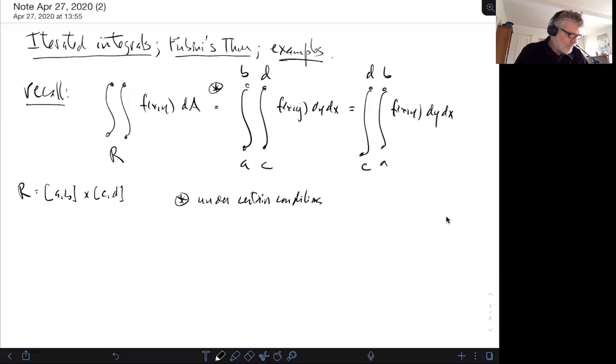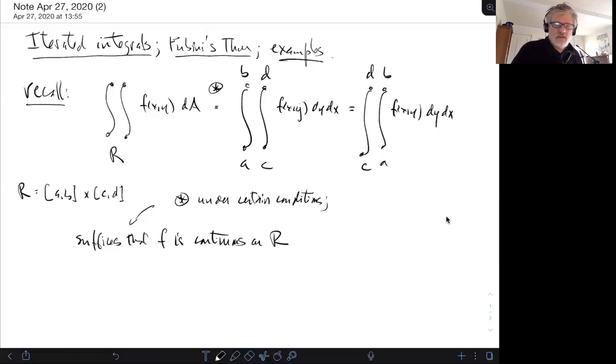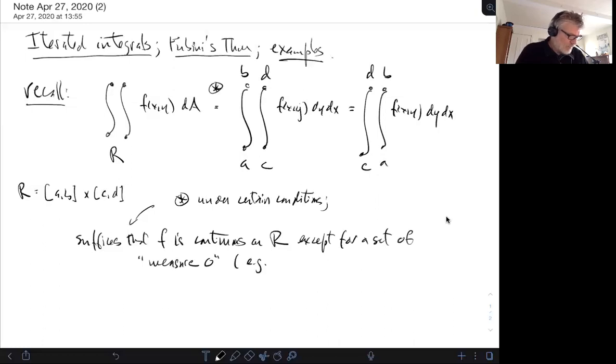We need some conditions which are technical, and we're not going to go into the technical version, but recall that it suffices that f be continuous on the rectangle R, except for a set of measure 0, which I've defined, which is a bit tricky. So think, for example, of a curve.